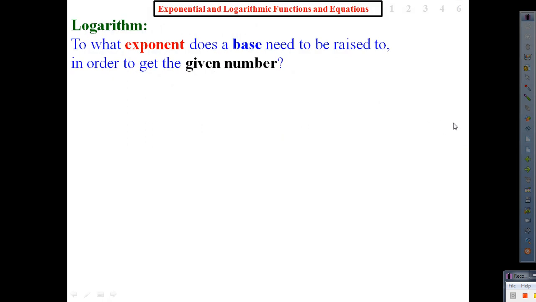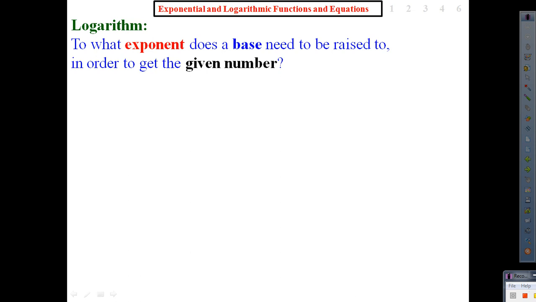So move on. Now, to get started, I'm going to go with the definition of logarithm. Logarithm. What is a logarithm? Well, according to the definition, it says the exponent that a base is raised to find a given number.